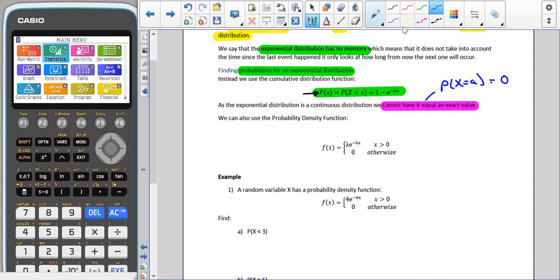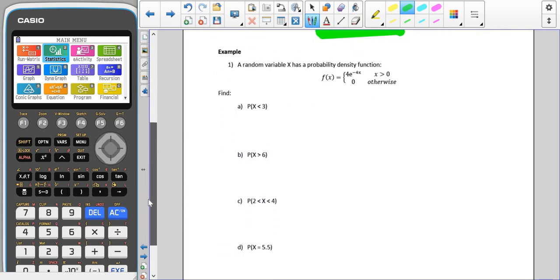And the probability density function is this one here. You could be given the information in a range of ways, like this, or like this. You'll notice here that we have lambda, which we should have seen before in the Poisson distribution, which is a big hint that these two are linked together.